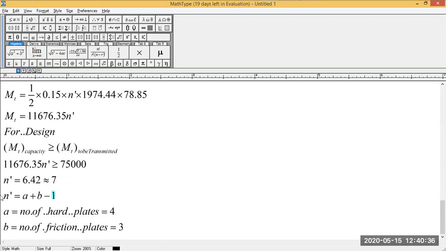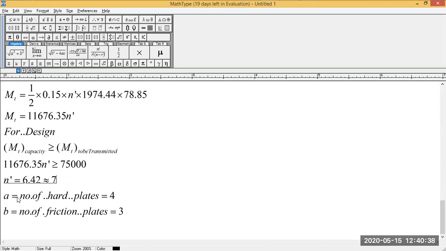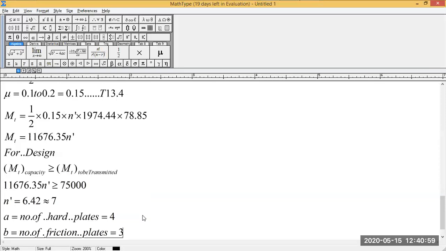About this formula, I'll tell you later. You can split it like this: 4 hard plates and 3 friction plates, which gives 7 surfaces. So that's the second numerical. Any doubts here?